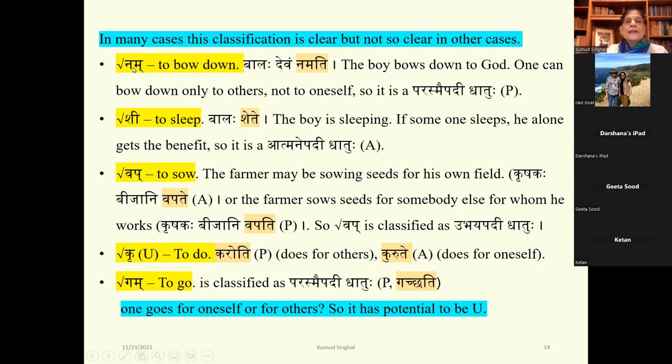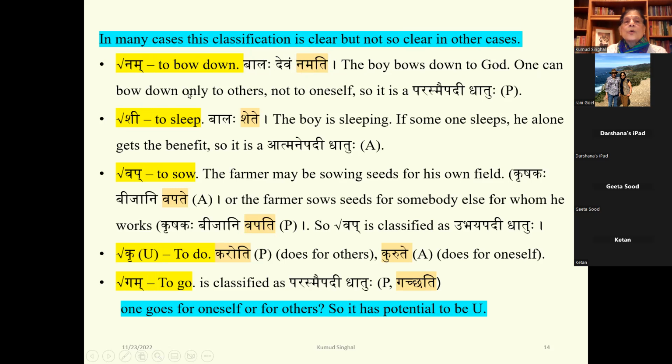So for example, let us take the dhatu nam. Nam means to bow down. Balah devam namati. The boy bows down to God. So Bala is the boy, Devam is God, and Namati means bows, right?